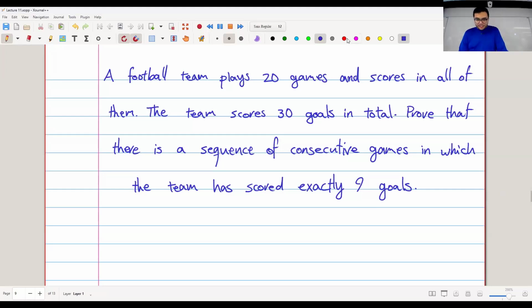Okay, let's try to give some mathematical names and formalize everything. So the team is going to score some number of goals in the first game. Let's show that with G1. So G1 is the number of goals in the first game. And then G2 is the number of goals in the second game, and so on until G20.